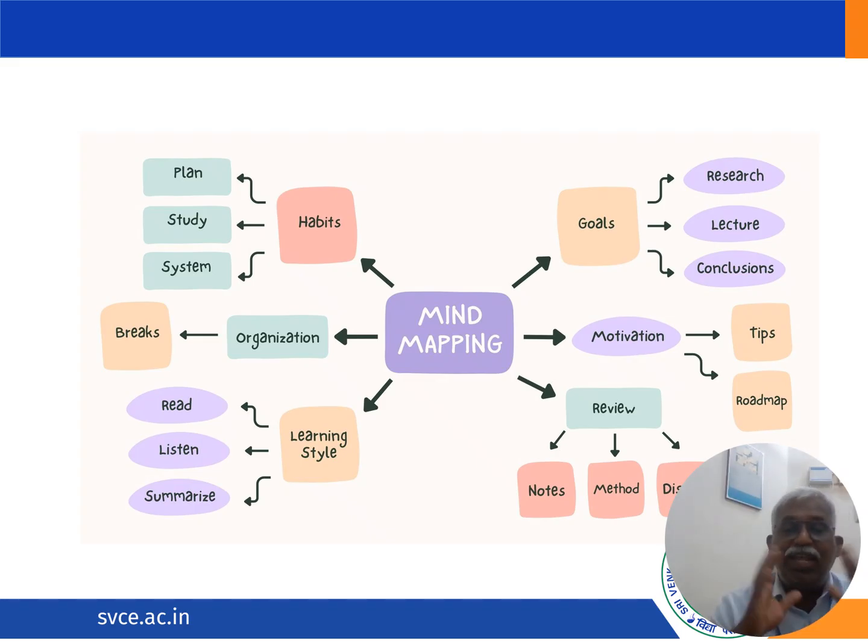Interest is very important. Based on that interest, we cultivate the habit: regular planning, systematic, then regular studying. Now, how we take that is important for our future. Plan, study in a systematic way. That is under the habit side.